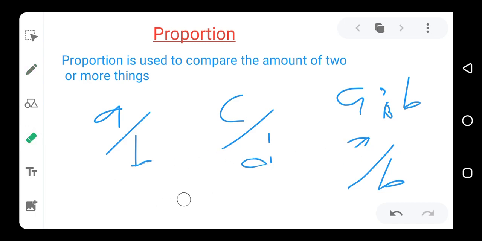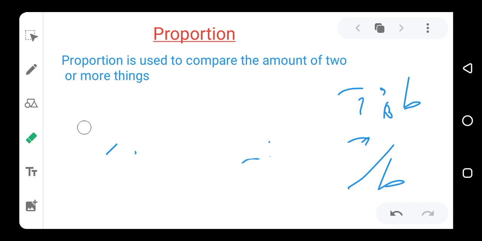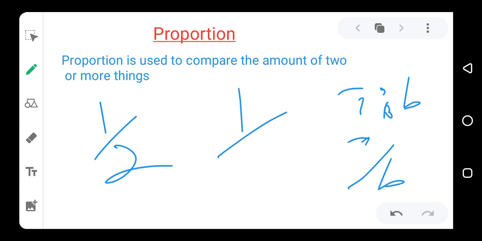Now we can be given something like 1 over 2, and asked to compare it with 3 over 5 to show which one is bigger between 1 over 2 and 3 over 5.